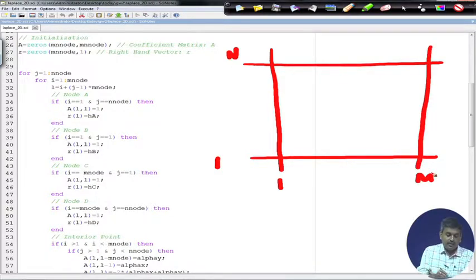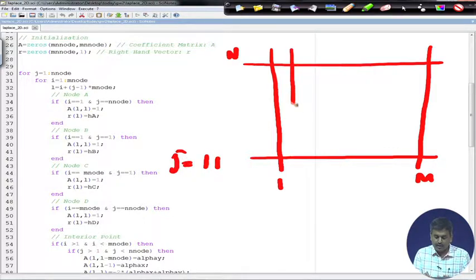So, we are starting from j equals 1 and running to n node, and i running from 1 to m node.